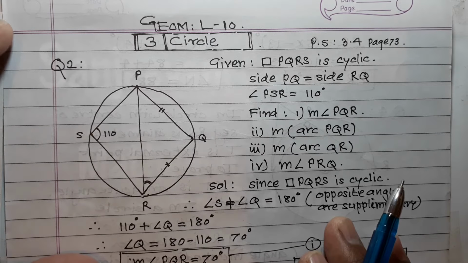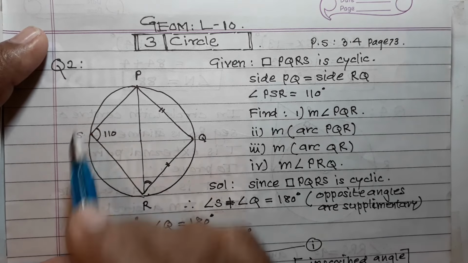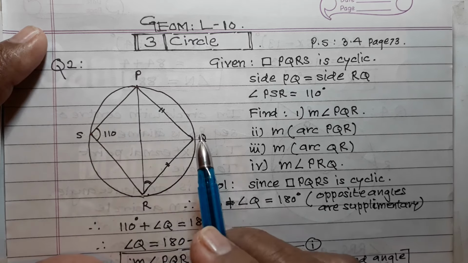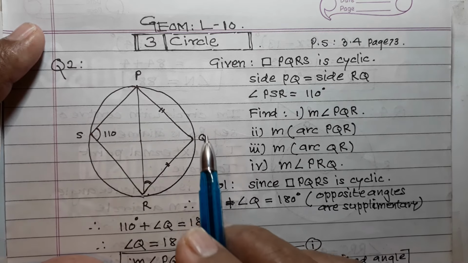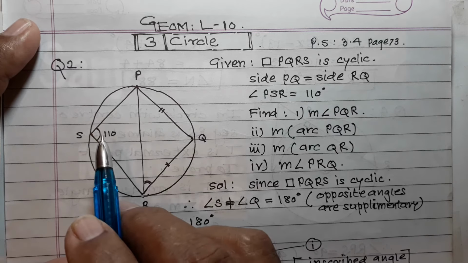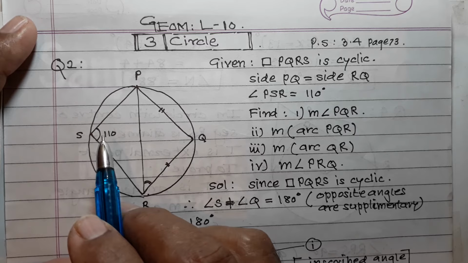First I explain. This is about cyclic quadrilateral PQRS. PQ is equal to QR, given. This angle is equal to 110.